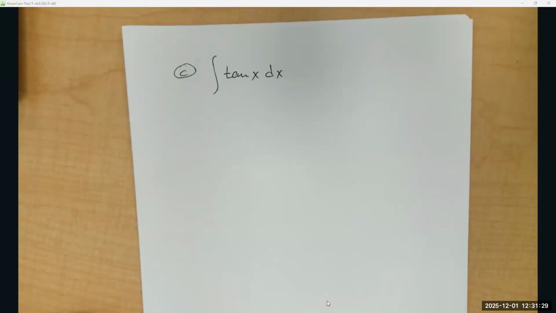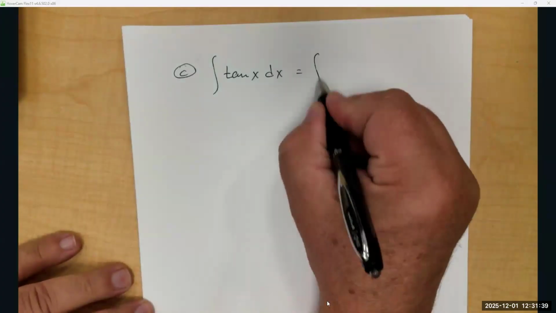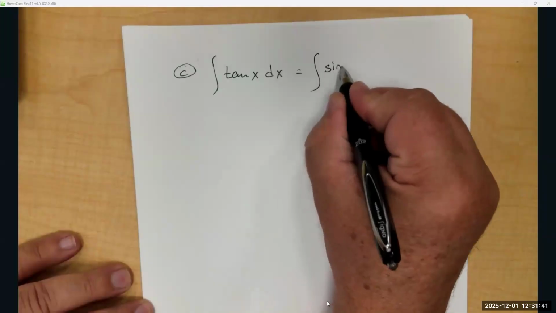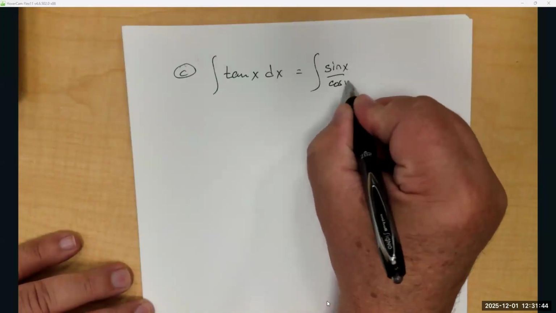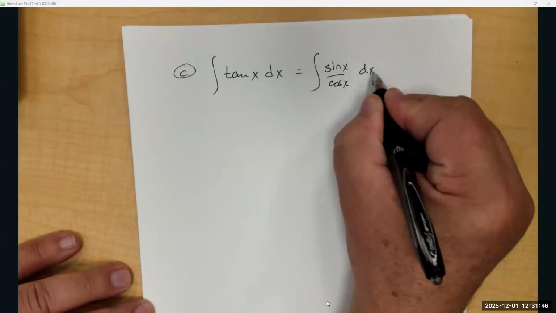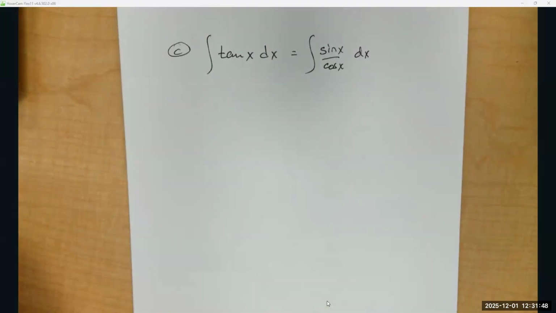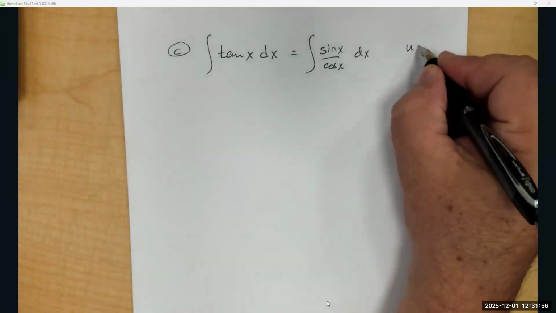So what's the integral of tangent? Or we could look at it this way. Tangent is what? What's u going to be?